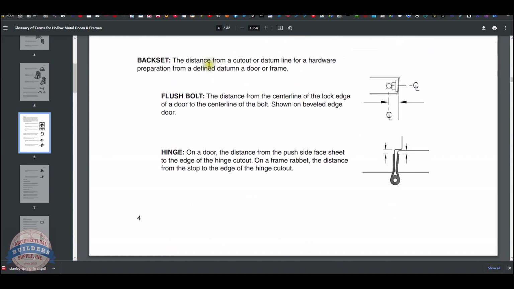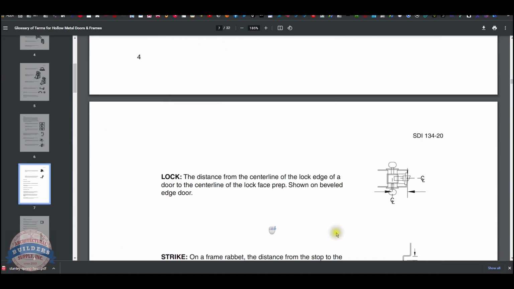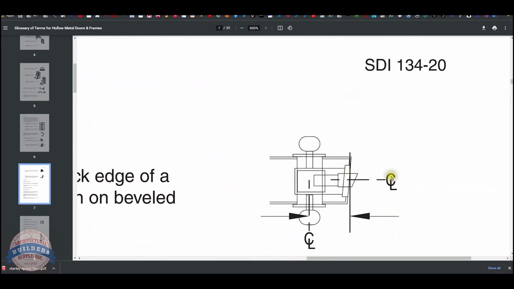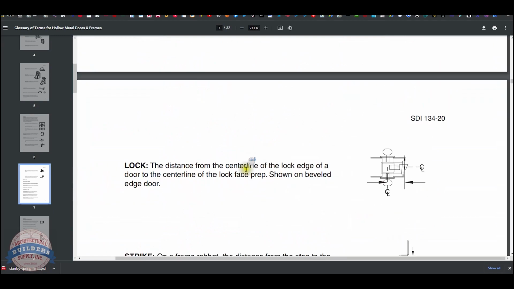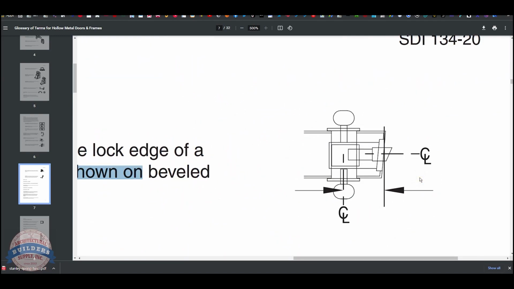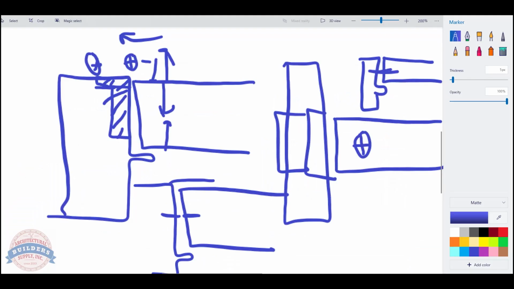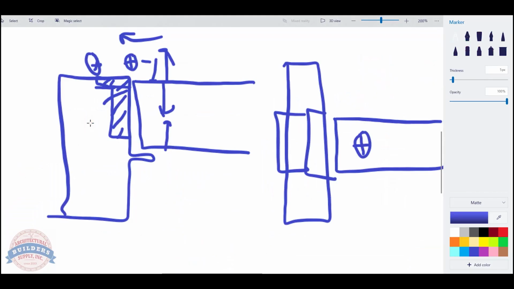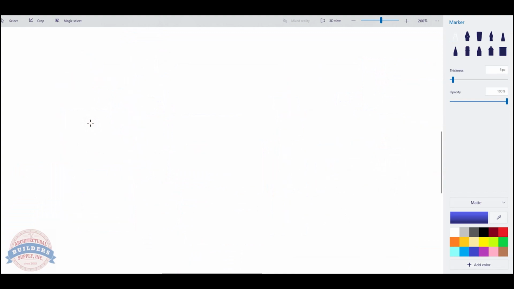Now, flush bolt and lock we're considering together because of what's happening right here. They mention it, shown on beveled edge door, but they're not telling you exactly why that's important, and let's do that now because it is really important.